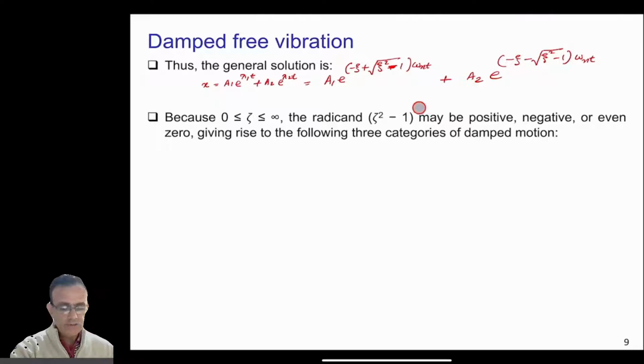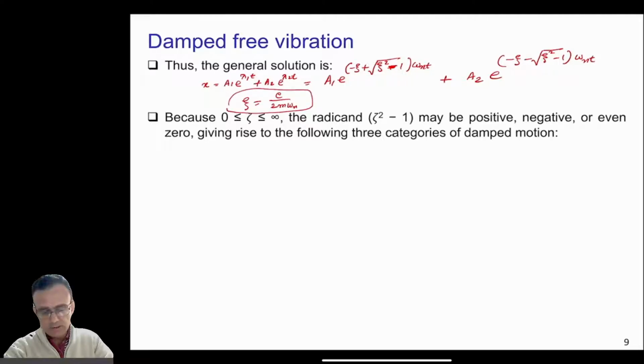Now, as you can see, we know that zeta is equal to c divided by 2m omega n.